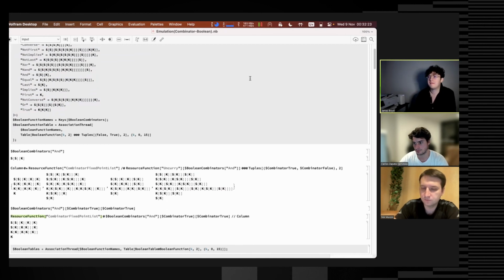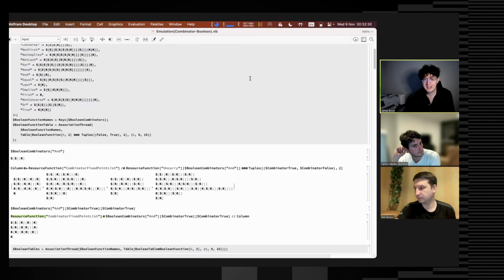And when I say fruit, I mean you can try to highlight different emulations of Boolean expressions and see how many Boolean functions appear in the intermediate steps. It's unlikely that many will appear besides first and last, if you eliminate first and last.